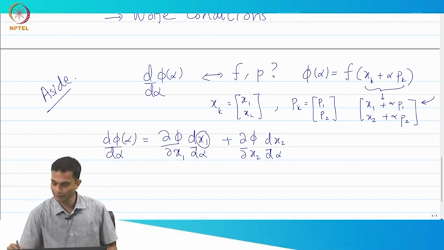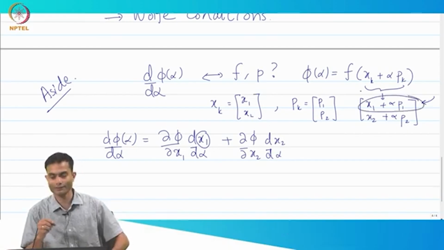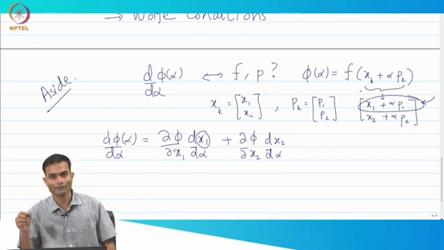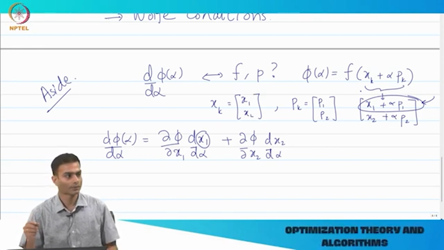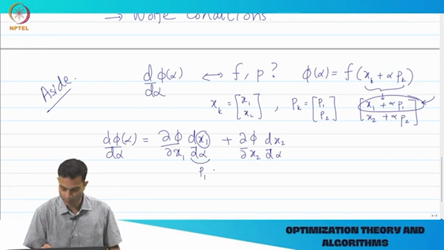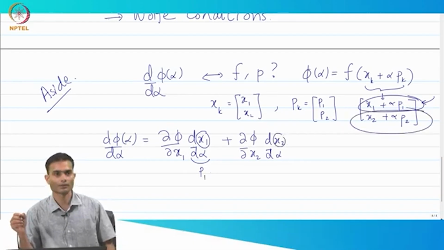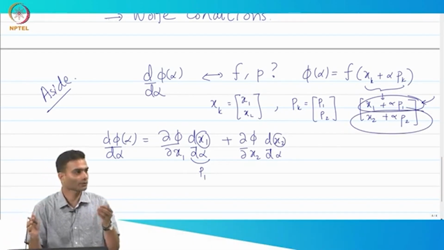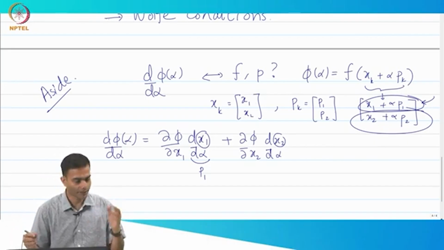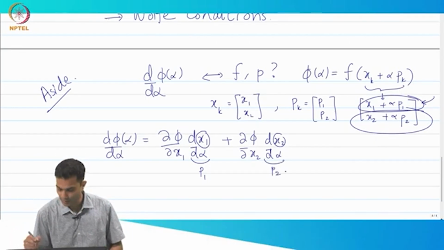So if I take the derivative of this with respect to alpha, what am I left with? P1. This is going to be P1. And the second variable over here is basically this guy. When I take the derivative of the second component with respect to alpha, what am I left with? P2. So this guy is P2.